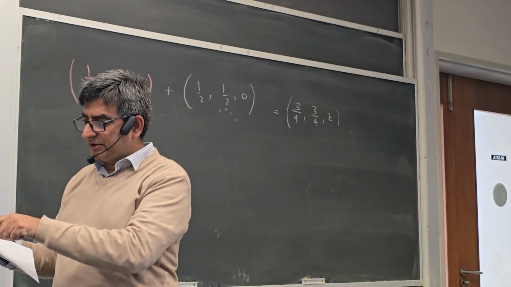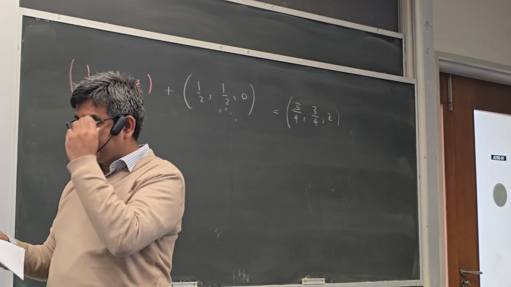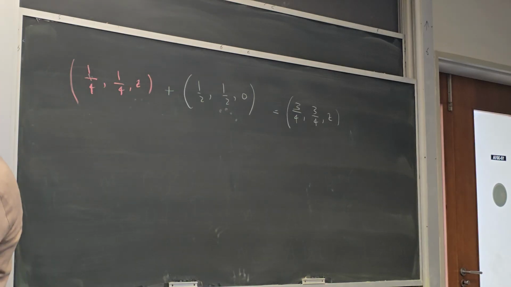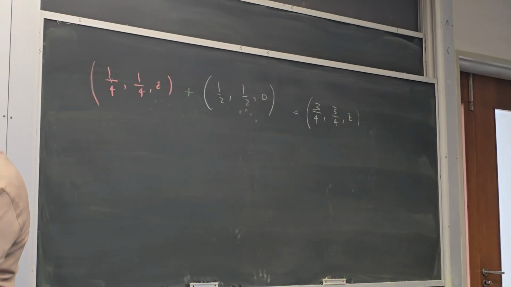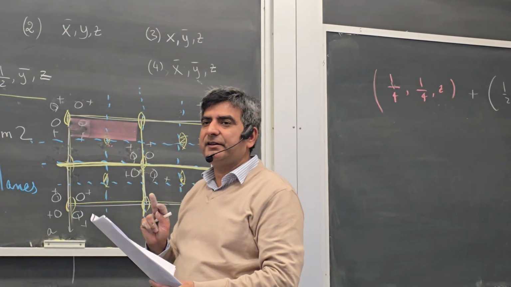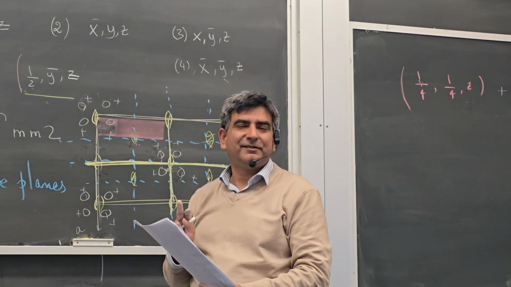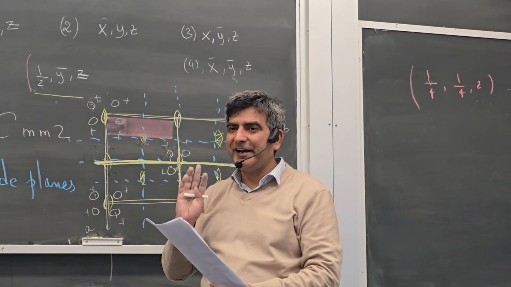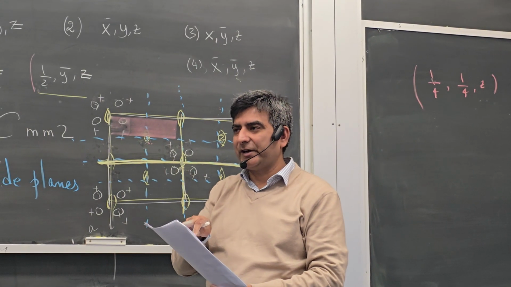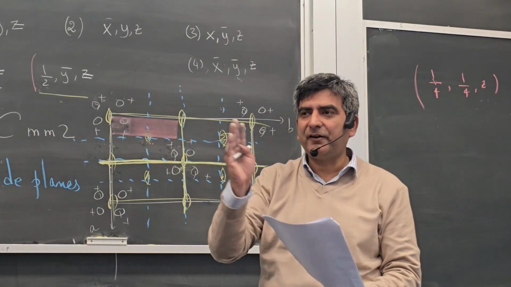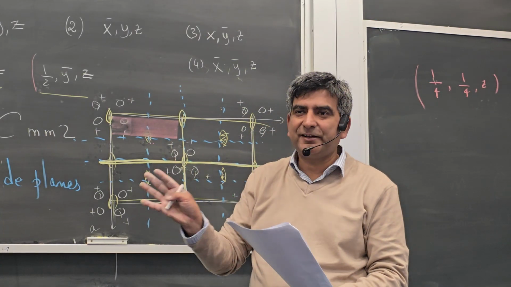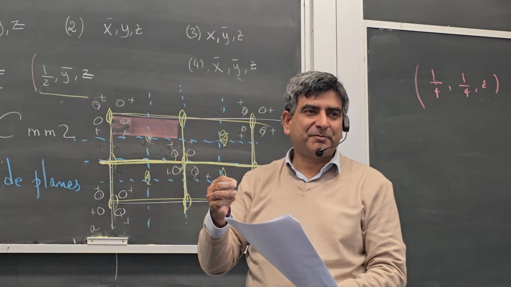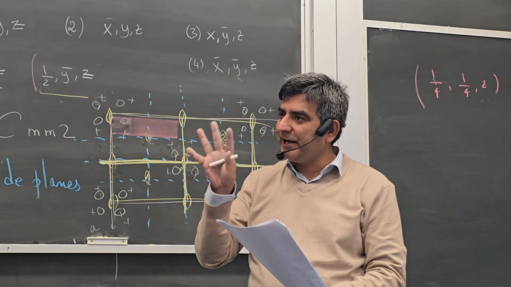There are 4 points in the general coordinates, 1, 2, 3, 4. But the multiplicity that is written is 8, which means you really have 8 points. So you take these 4 points, and to these 4 points you add half, half, 0. So you do an offset along the a and b directions by half units each. So you get 8 points in total.